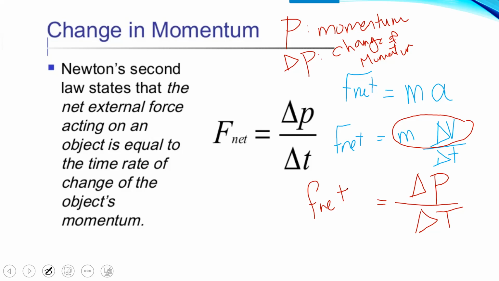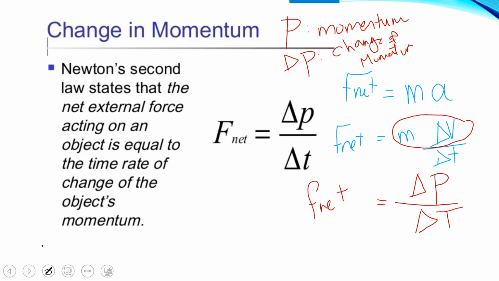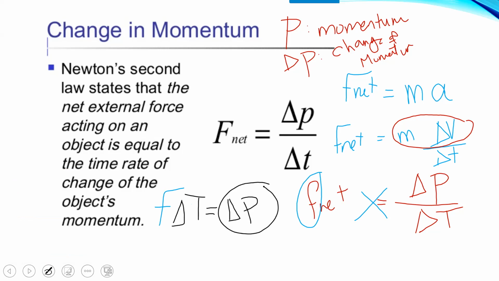If you make a cross multiplication here, we will find that a force times a change of time gives me delta p. That means a change of momentum is a product of force times a change of time.